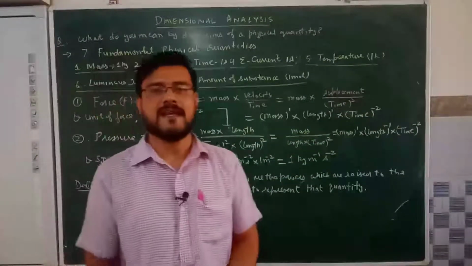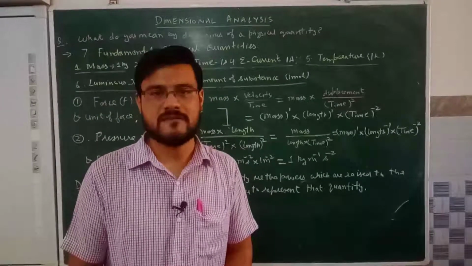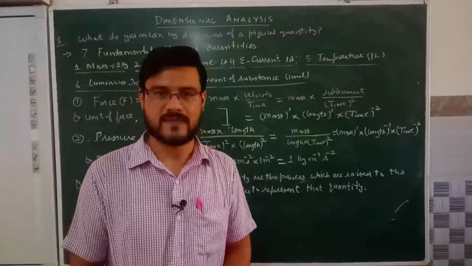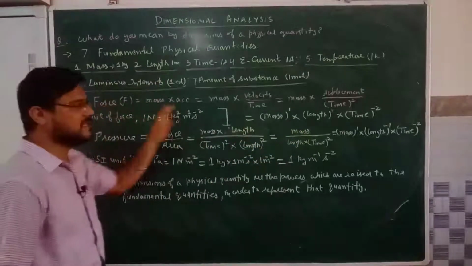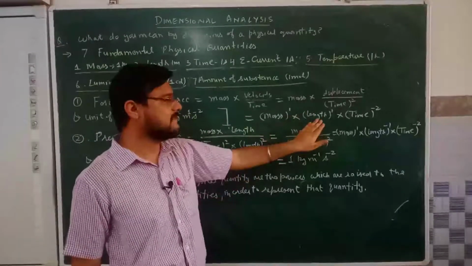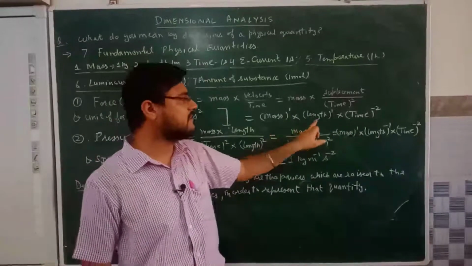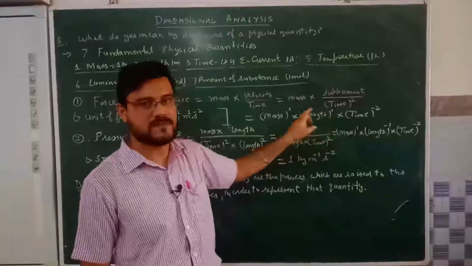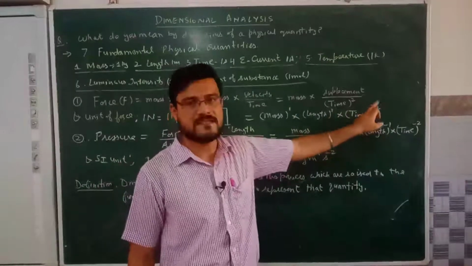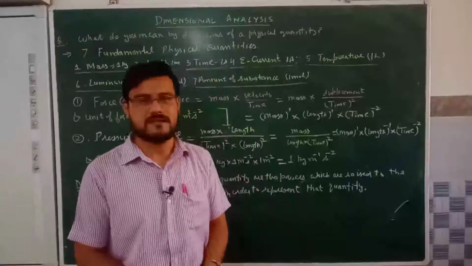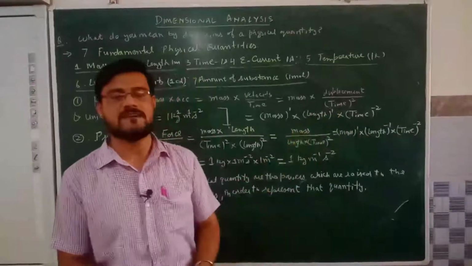So, in this way, any derived physical quantity can be broken down into a set of fundamental physical quantities, and after breaking up this derived physical quantity force into the set of 3 fundamental quantities: mass, length and time, we observe that each fundamental quantity is raised to some power. So, the power of the mass here is 1, the power of the length is also 1, and the power of the time is minus 2. These powers to which these fundamental physical quantities are raised, we call these powers the dimensions of the physical quantity.